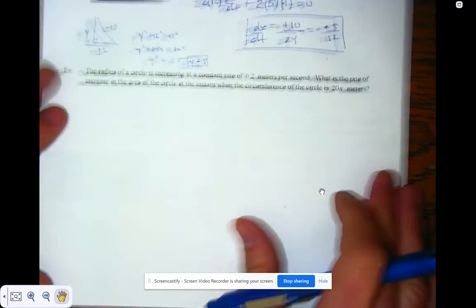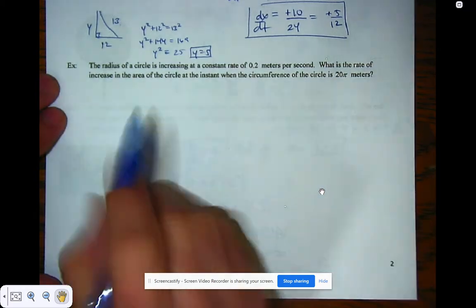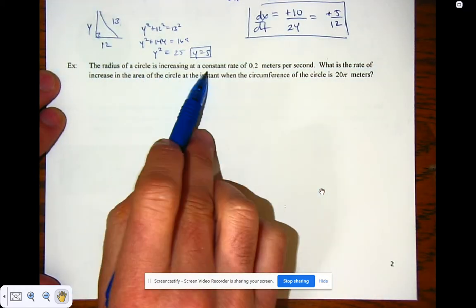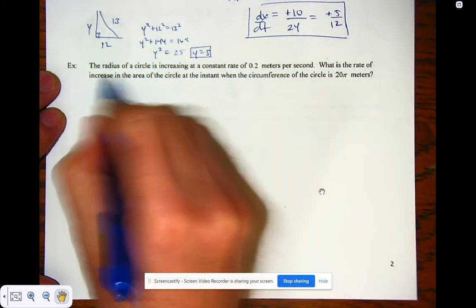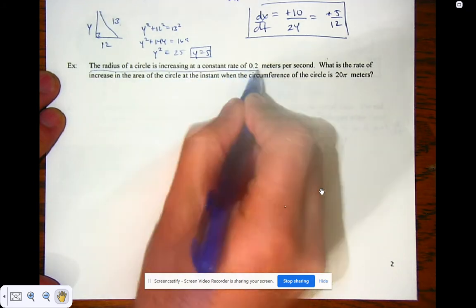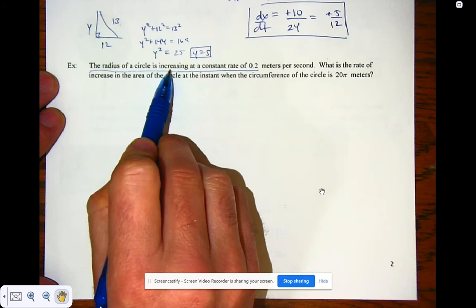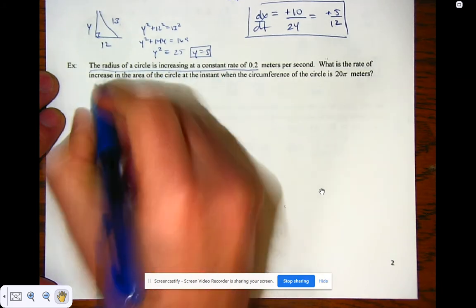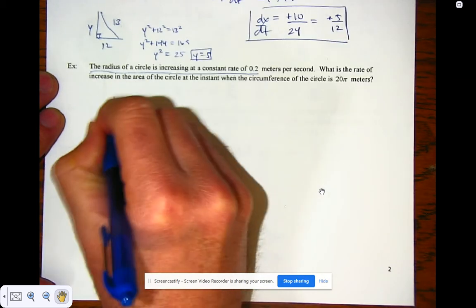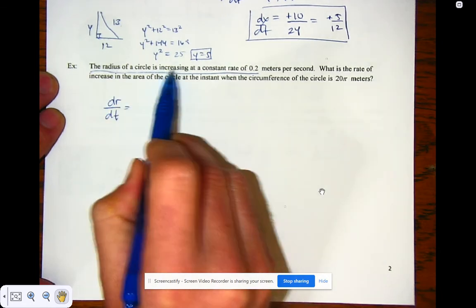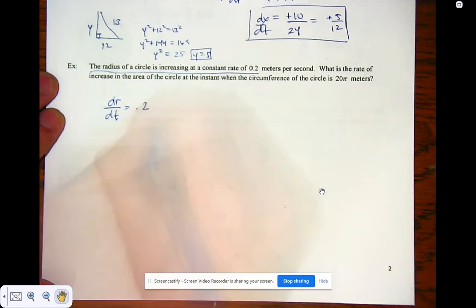Okay, last example, and then we will chat about this tomorrow when we Zoom. We've got the radius of a circle is increasing at a constant rate of 0.2. Translating that is the big game on related rates. The radius is increasing at a rate, so dr/dt, increasing, so positive, of 0.2.